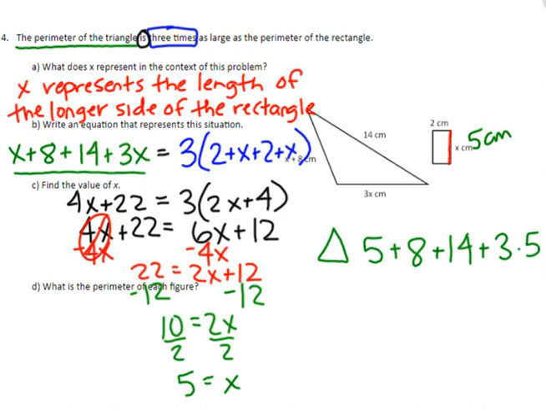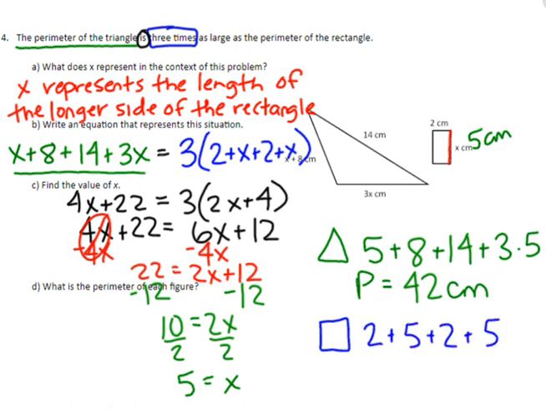And when you simplify that one, you're going to get a triangle perimeter of 42 centimeters. Okay, the rectangle I did in blue, so the rectangle would be 2 plus 5 plus 2 plus 5, which would be a total perimeter of 14 centimeters.